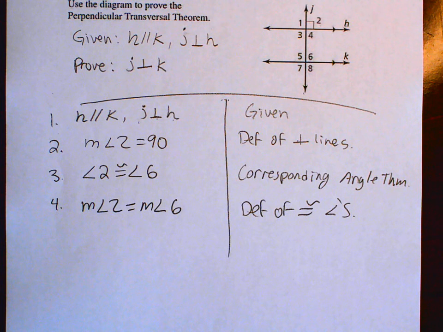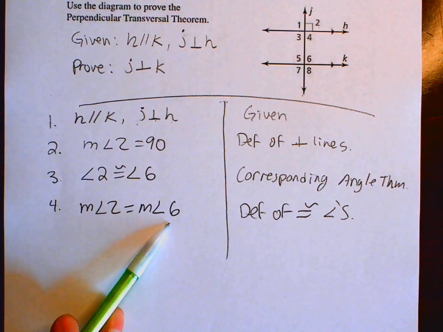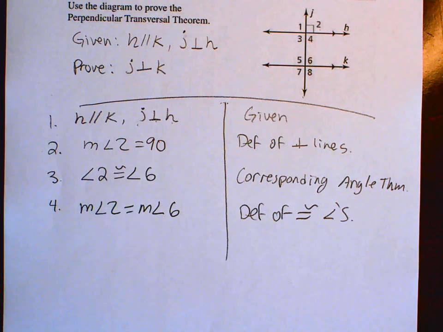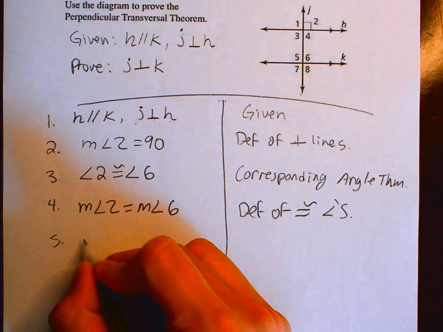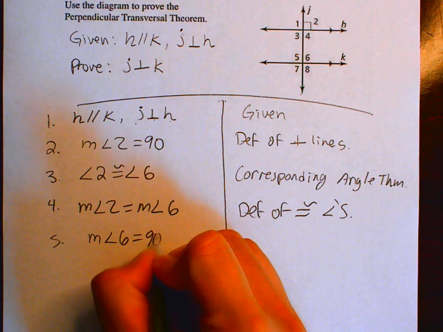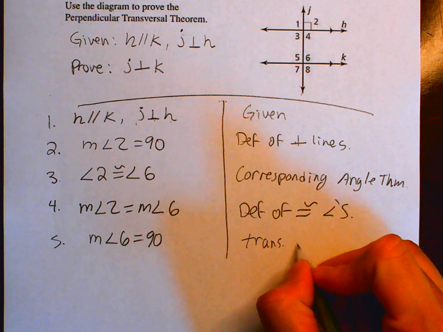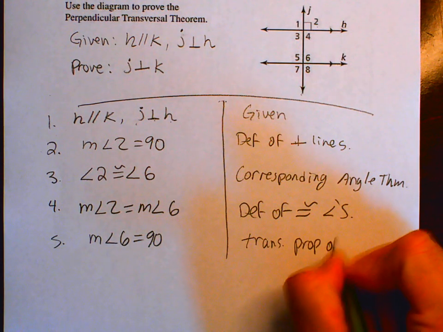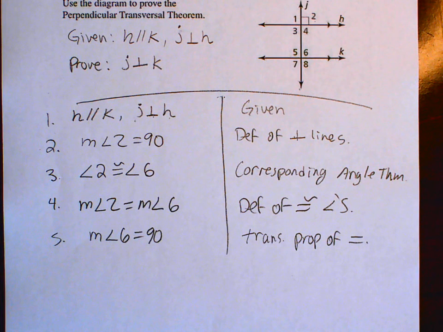Now, go back to step 2. Okay? If the measure of angle 2 equals the measure of angle 6, and the measure of angle 2 equals 90, by the transitive property, not of congruence, I take that back, of equality, the measure of angle 6 must also be 90.